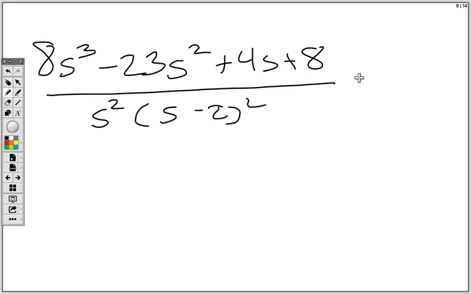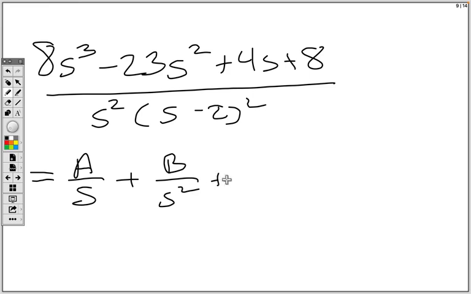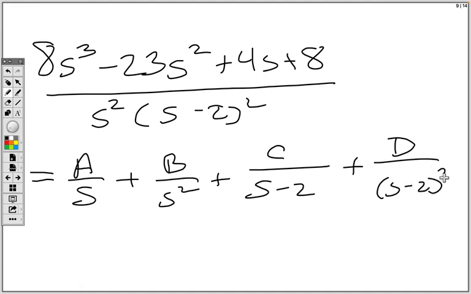Okay, here we go. We've got a repeated linear factor: A over s plus B over s squared. Another repeated linear factor: C over s minus 2 plus D over s minus 2 squared.